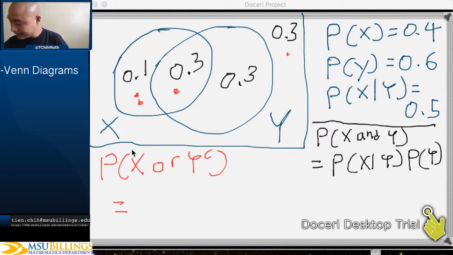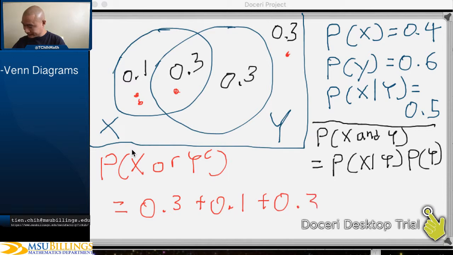That's also not in Y. And so the three highlighted regions are the three given here. And so the probability of being X or not in Y is 0.3 plus 0.1 plus 0.3. Right? And that gives you a total of 0.7. All right? Does that make sense?